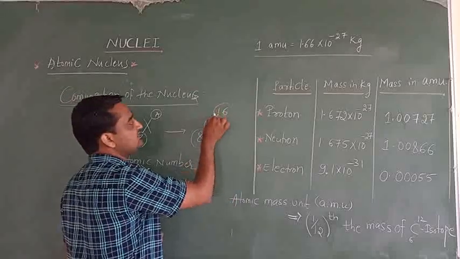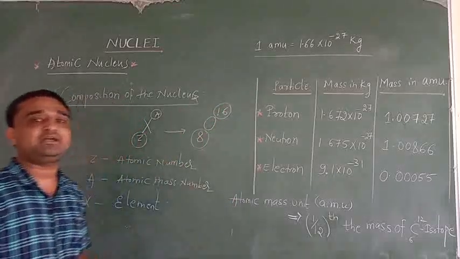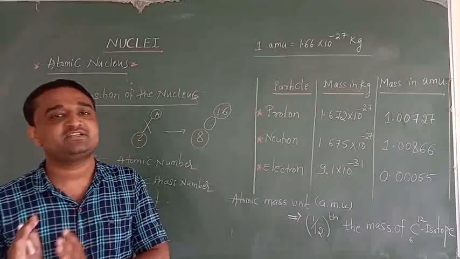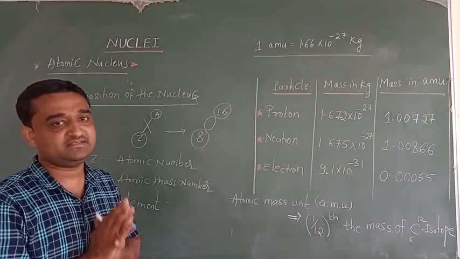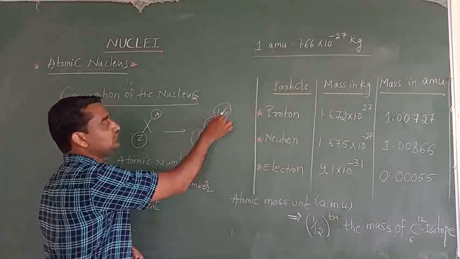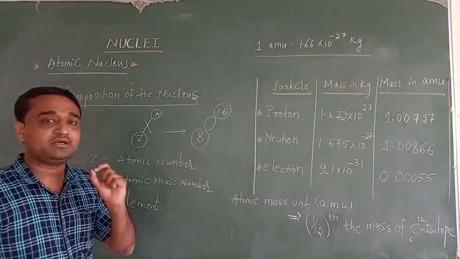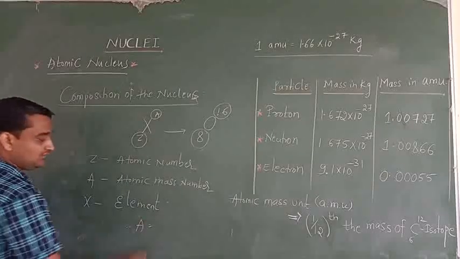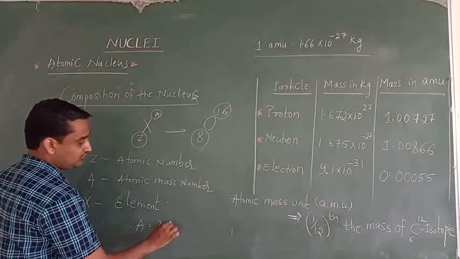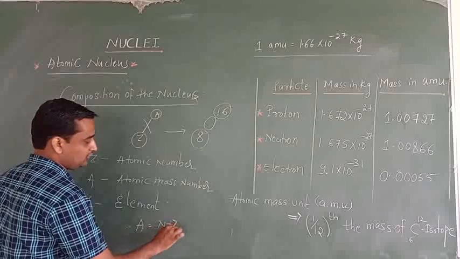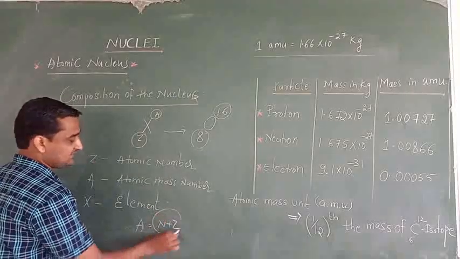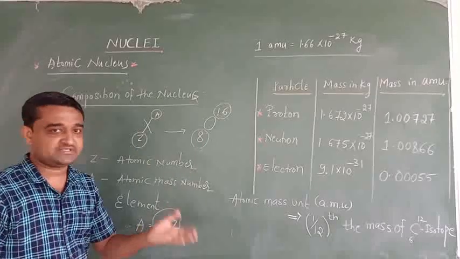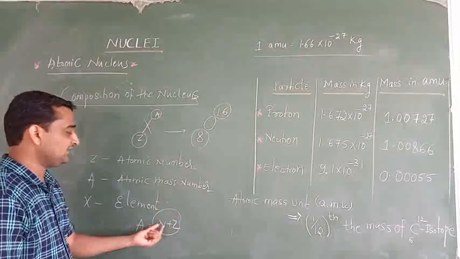And this 16 represents the atomic mass number, which is equal to the sum of protons and neutrons present inside the nucleus. So here A is equal to the number of neutrons plus the number of protons, so N plus Z. Z represents the number of protons, that is equal to the atomic number. And N represents what here?